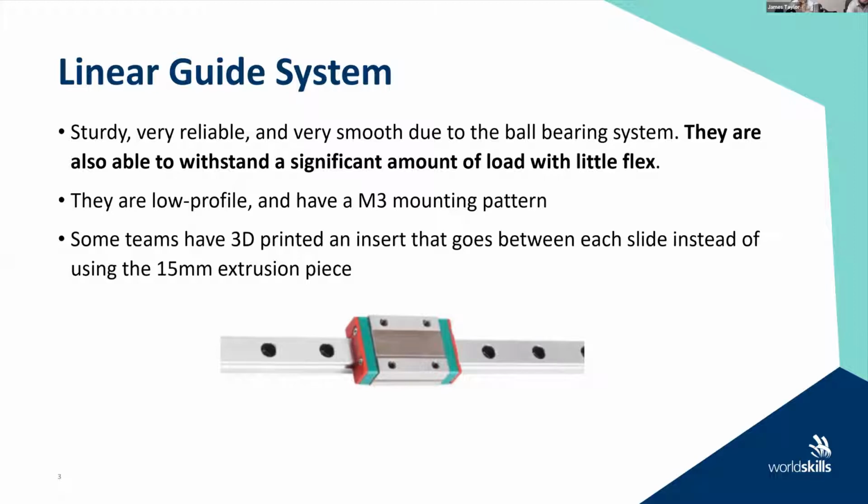And to mount it, you can see there's a bit of a challenge there. They do line up, and we'll talk about that when we mount them. Some teams we've seen have 3D printed an insert that goes between the slide and any extrusion piece, so that they can mount parts quicker going forward.